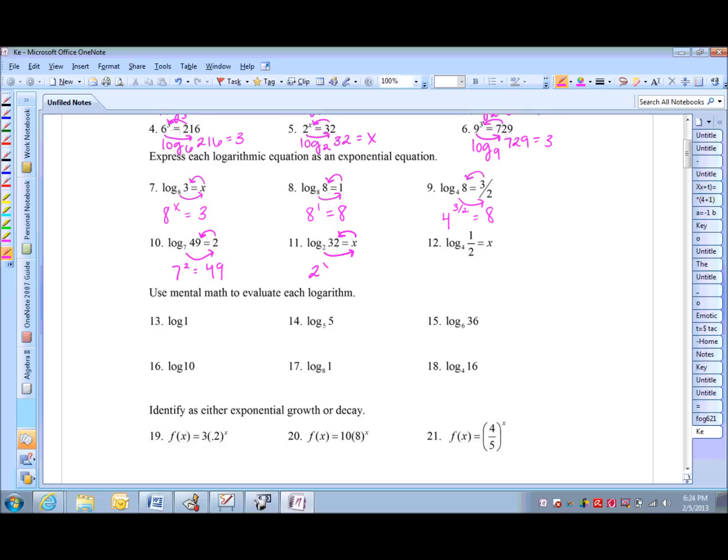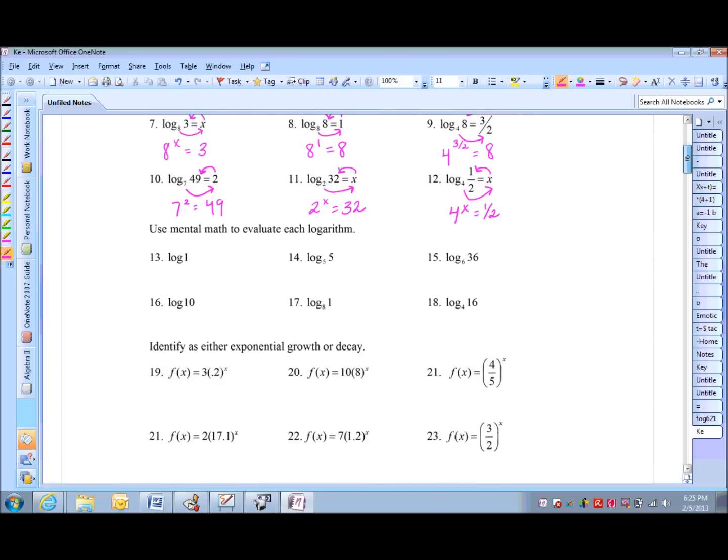So we write it as 2 raised to the x equals 32. In problem 12, we start off with the base of 4, pick up the x, and then go to the 1/2, and we write it as 4 raised to the x equals 1/2.